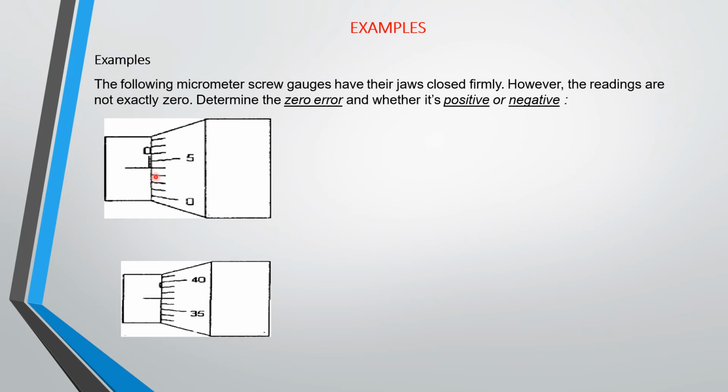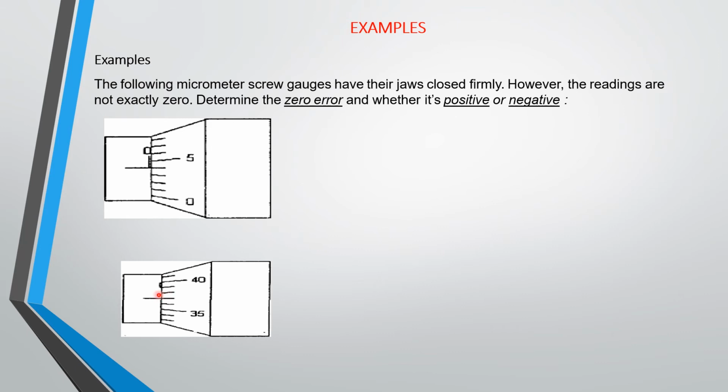But if this vernier scale is to the left, if it is past this mark on the main scale, like you have it here, if you compare these two, you will see that on this one the vernier scale is to the left of the 0 mark on the main scale.